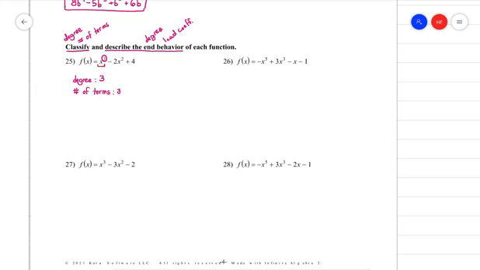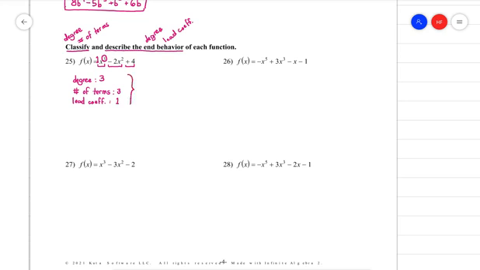I have 1, 2, 3 terms. And then the last bit of information left to classify and describe is the lead coefficient, which would be the very first number you see when the problem starts, which is a 1. So just be careful with those 1s in the front.